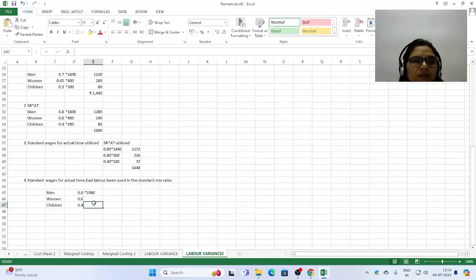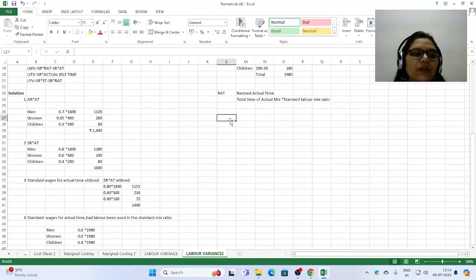Then we multiply it. Again, it is saying standard mix ratio. What is standard mix ratio over here? How do we calculate standard mix ratio? For calculating standard mix ratio, I'll show you calculations separately.